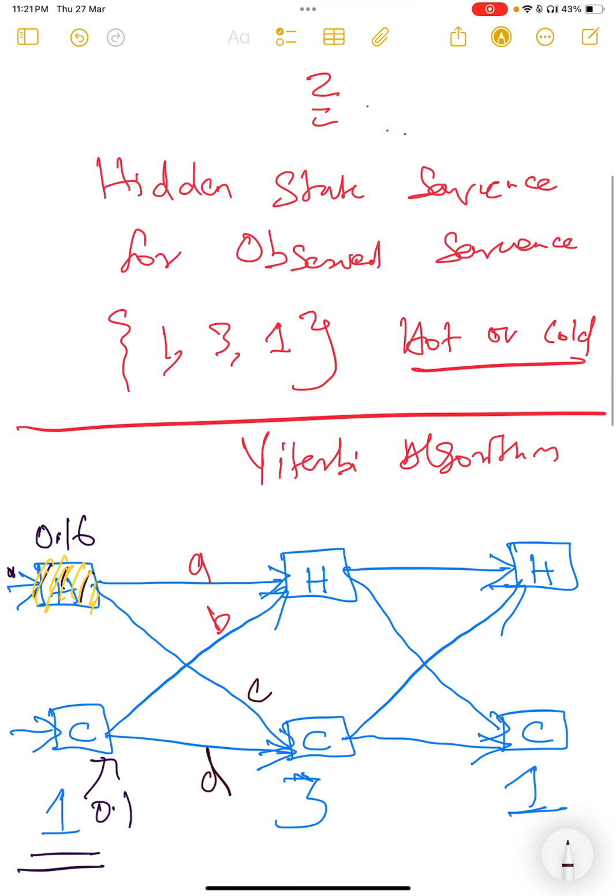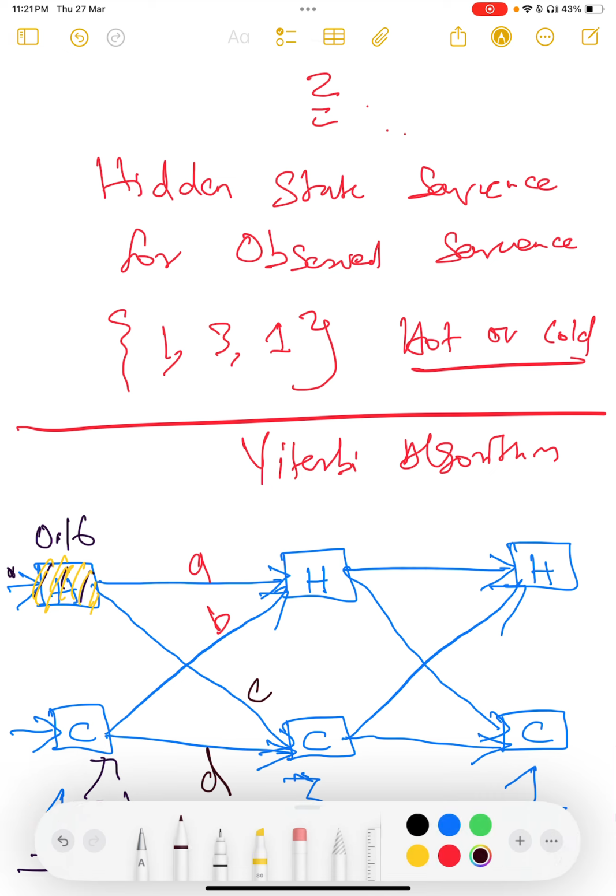So it should be 0.28. So A is 0.28. And we have to find out B.